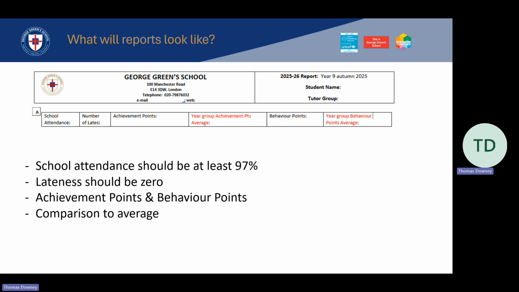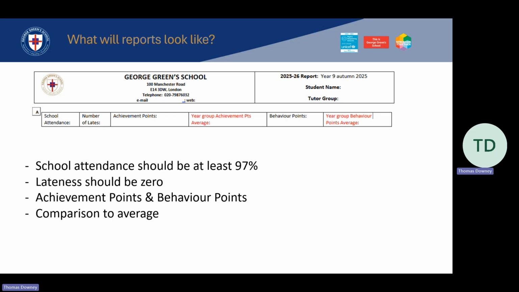Firstly, there will be a figure for attendance percentage this year. School attendance should be at least 97%. A reminder that attendance below 90% is a serious cause for concern, as this is classed as being persistently absent. Lateness should be 0.